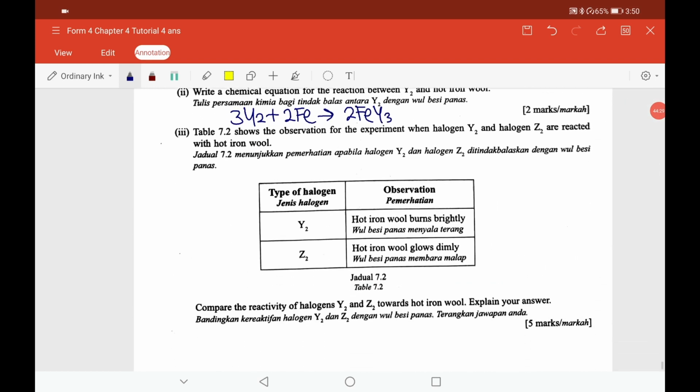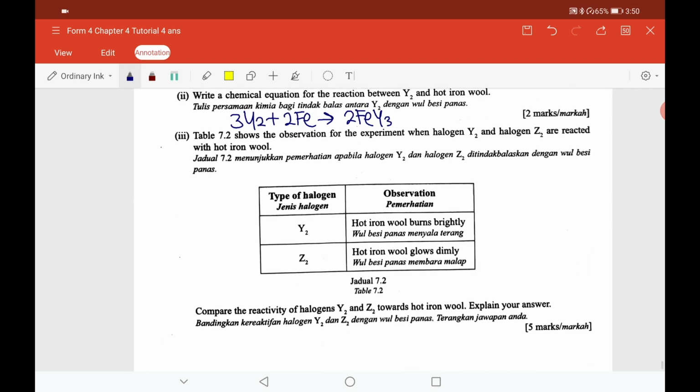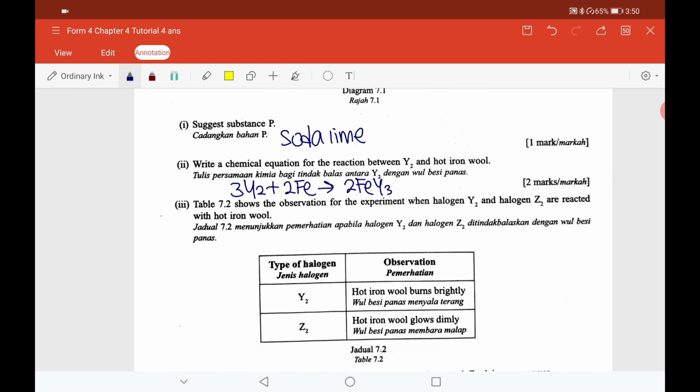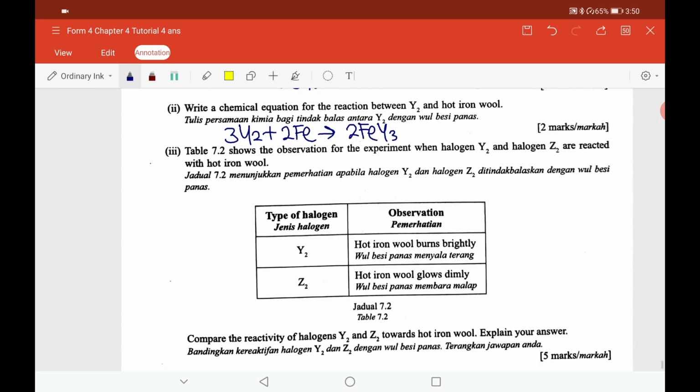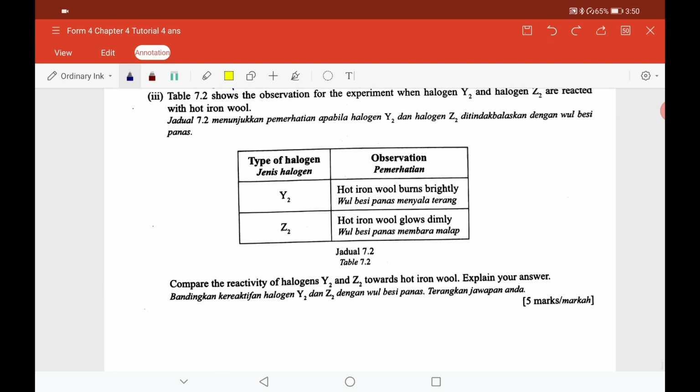Okay, so now let's move on to the last one. Table 7.2 shows you the observation when halogen Y2 and halogen Z2 react with hot iron wool. As you can see, halogen Y2 burns brightly, while halogen Z2 glows dimly.